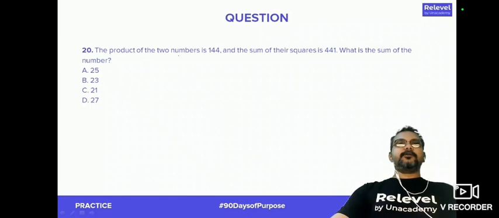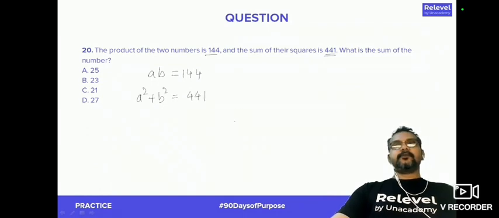The product of two numbers is 144. So ab is 144. The sum of their squares is 441. So a squared plus b squared is 441. So they are asking what is the sum of the numbers. Means they are asking for a plus b is how much. So what I can do is I'll just double this.